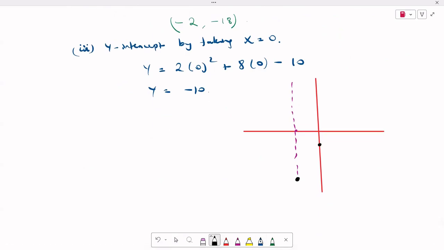So I have everything now to plot the graph. This will go like this, and I will be a bit careful since this will also go like this. That's how we plot the quadratic when it has been given to us in the general form.